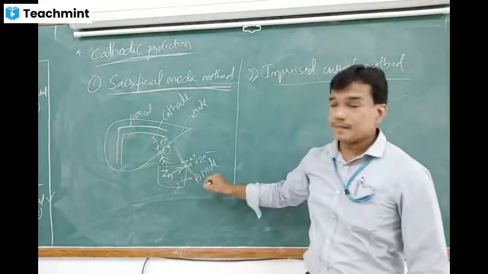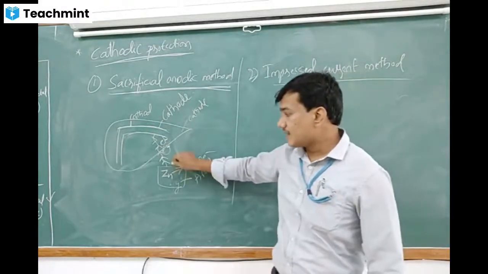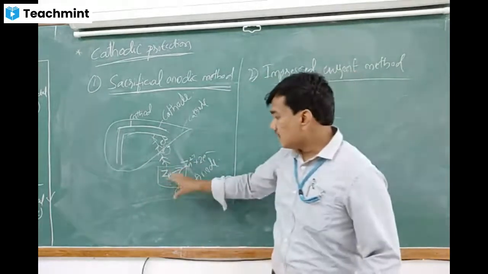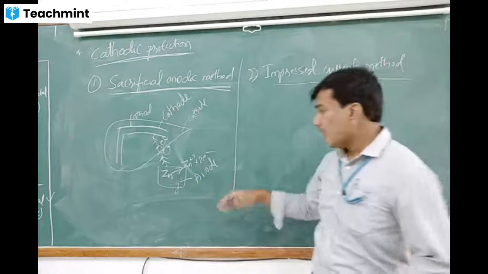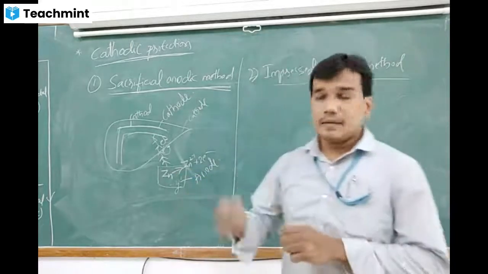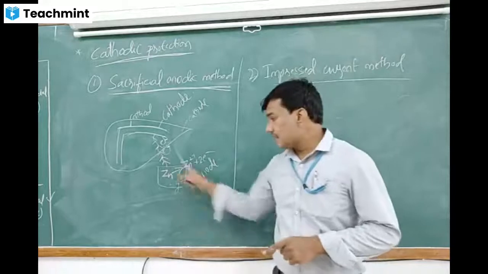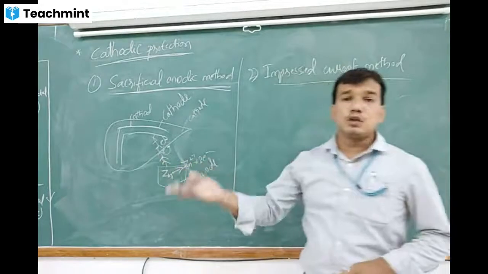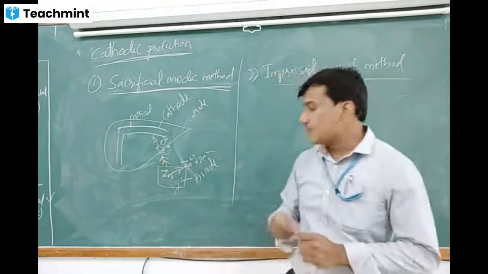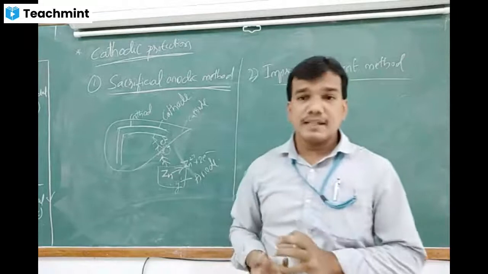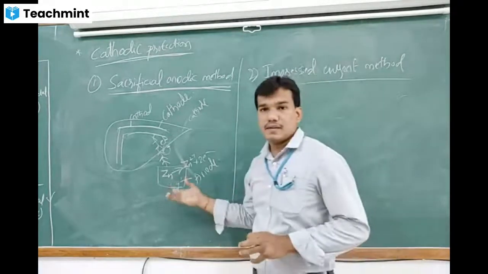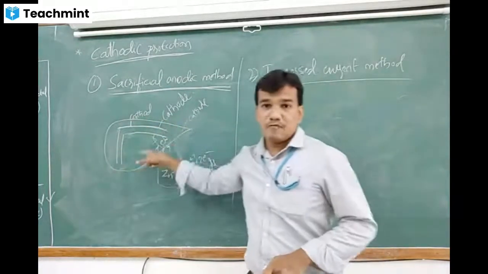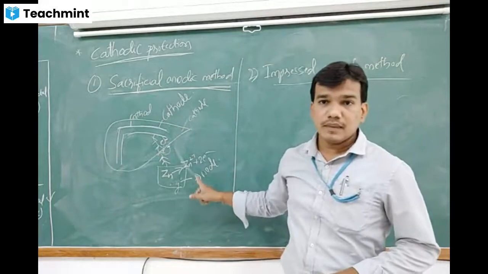Understood this concept? One method is supplying electrons from the anodic metal. This metal will corrode and be destroyed, so again and again we have to replace this anodic metal. It takes 2 to 3 years to corrode, and after that they replace it with fresh anode metal. This procedure continues and protects the iron pipe from corrosion. Yes, understood this one?